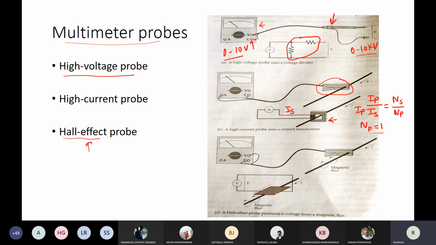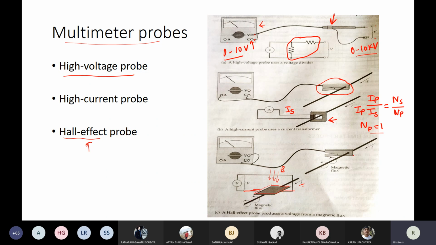This is a Hall sensor. When you pass current through this current conducting material and subject it to an external magnetic field, a voltage is generated on the opposite side of the device, proportional to the current and the magnetic field. When you fix the magnetic field, the voltage generated becomes proportional to current.